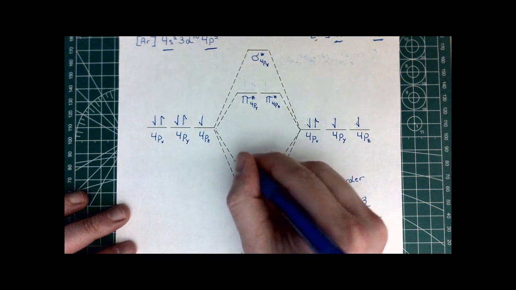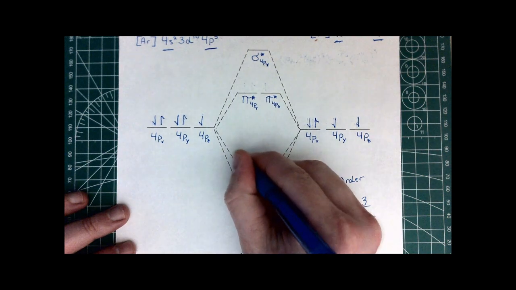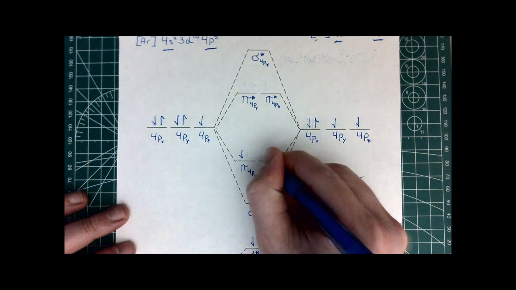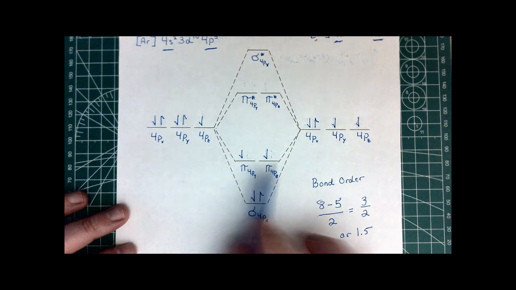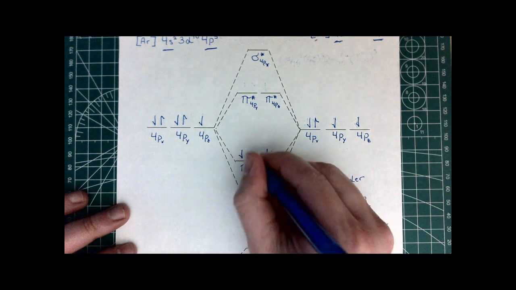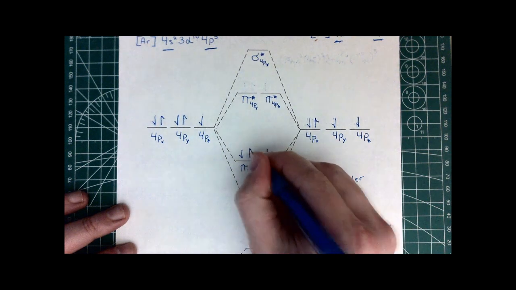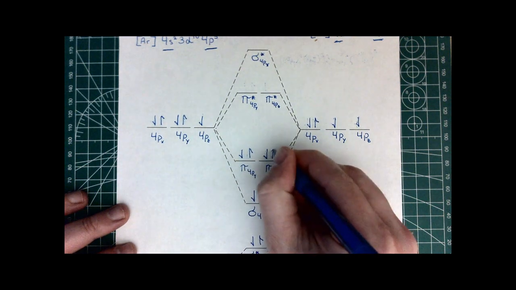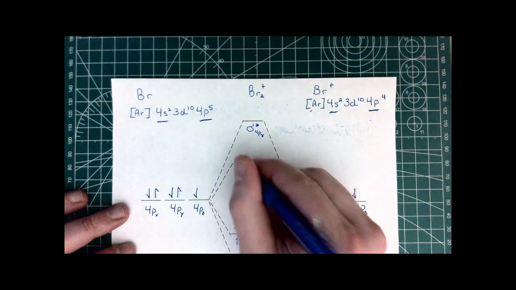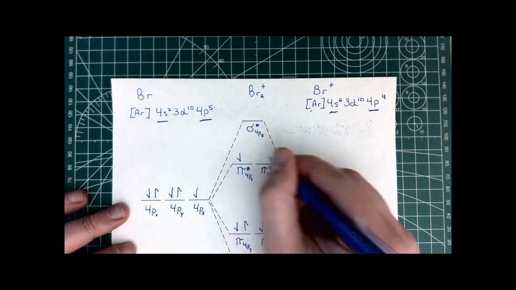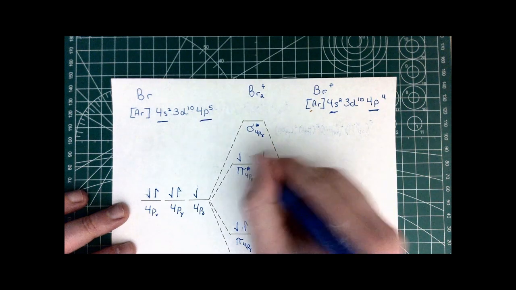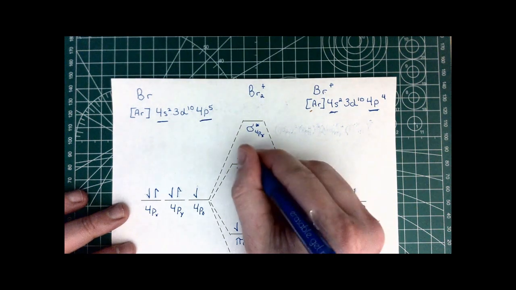We come up to the next highest energy state and put 1 in each one of these because they are equal in energy, as indicated by being level with each other horizontally. Then we can fill in the next ones. So that's 6, then 7, 8, and 9.